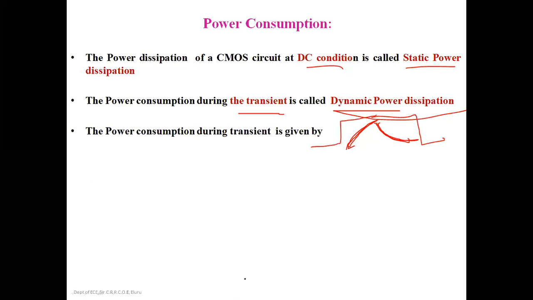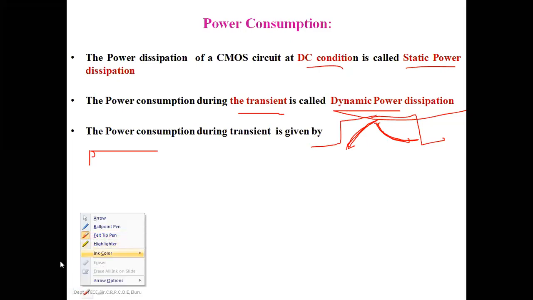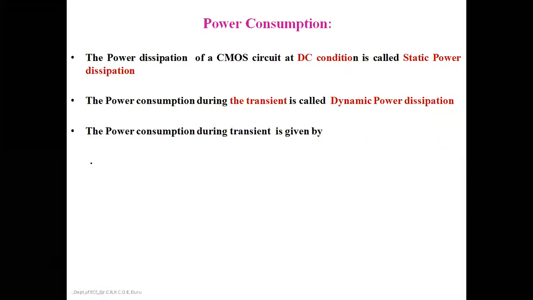Now the power consumption during the transient is given by... but if you want to determine the static power first, it is very easy. Let's say the power dissipation at the DC condition, the static condition.